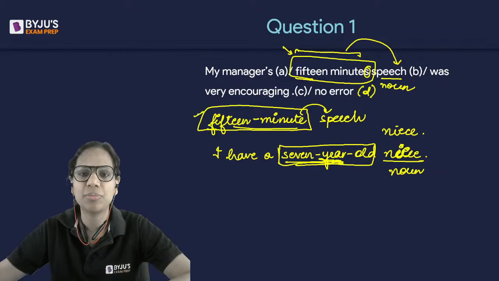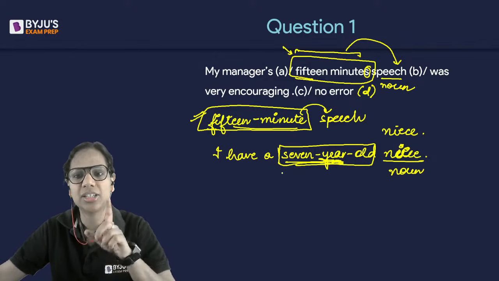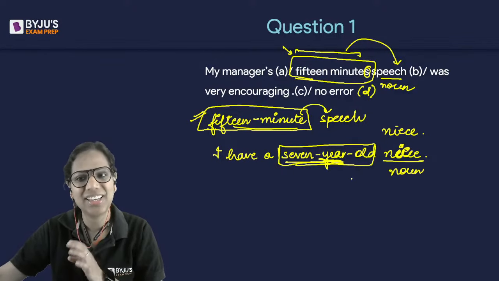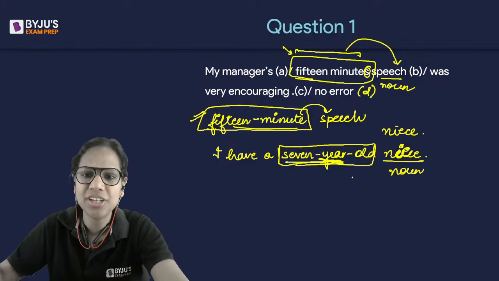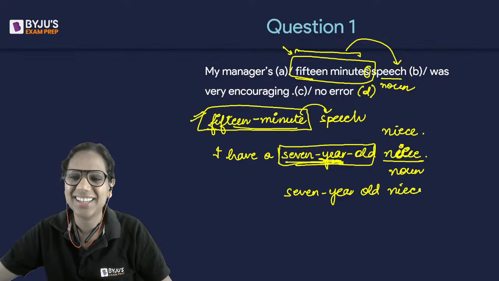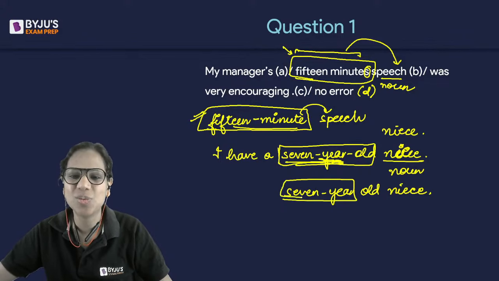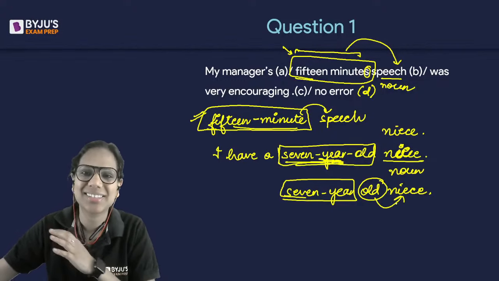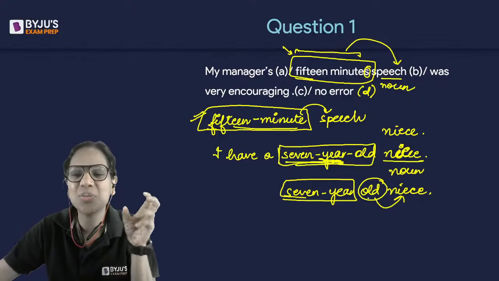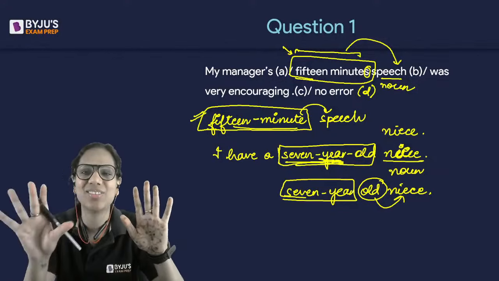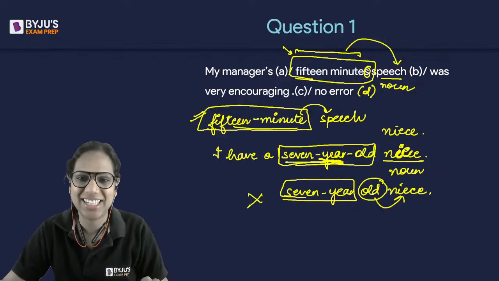So remember the hyphenation and remember that it will be singular. 7-year-old, the hyphens will be at both the places. Because if I just write 7-year, and write old separately, that would mean 7-year is one adjective and old is a different adjective. So I have an old niece. That's how somebody can interpret it. If somebody breaks this sentence into two parts, I have a 7-year niece and I have an old niece. That would be incorrect.